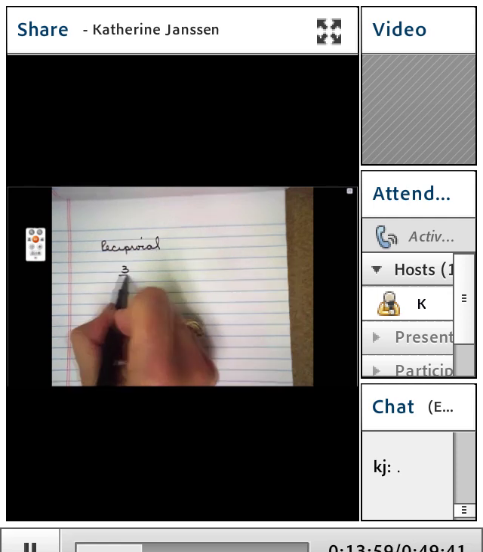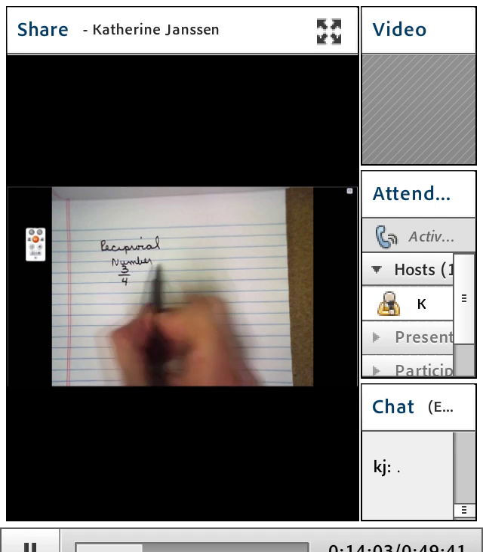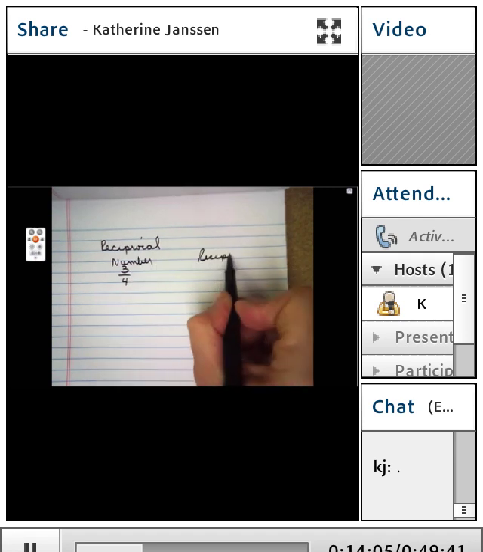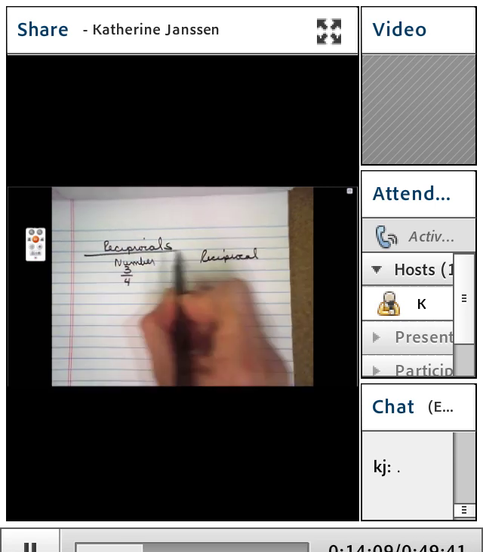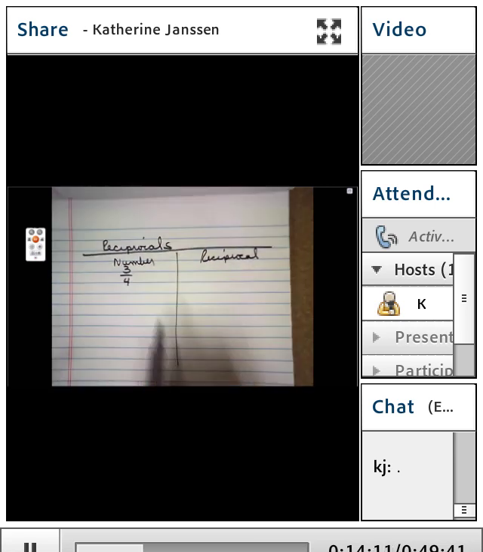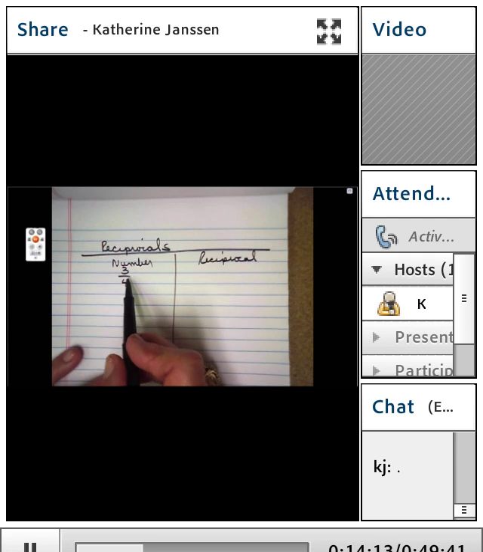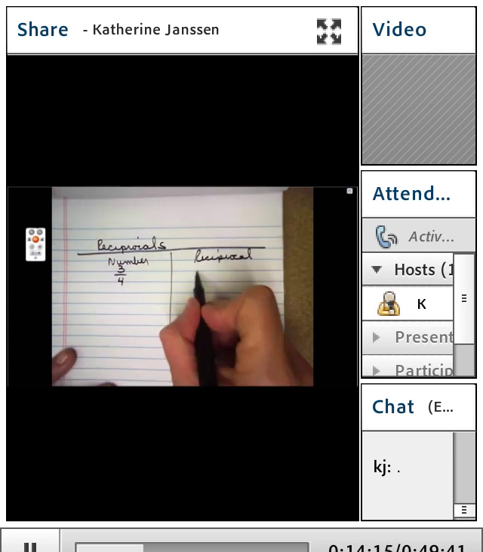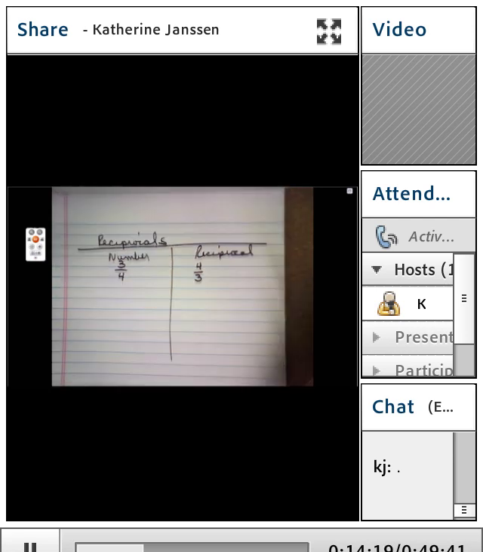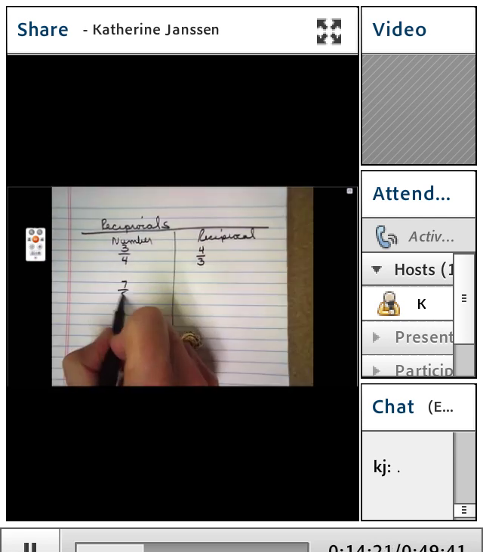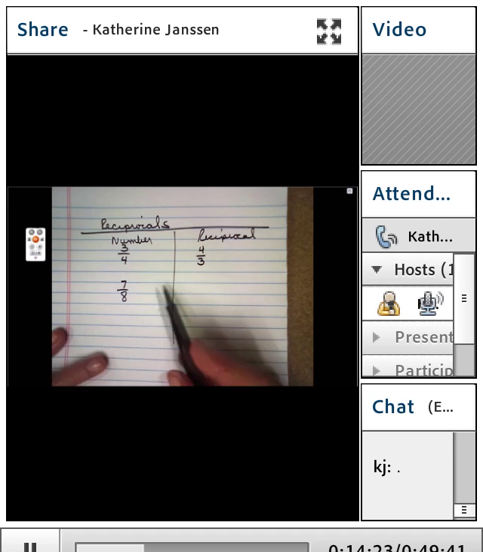Three-fourths. So if my number is 3/4, I'm going to interchange the numerator and the denominator and get 4/3. If my number is 7/8, I'm going to interchange the numerator and the denominator and get 8/7.